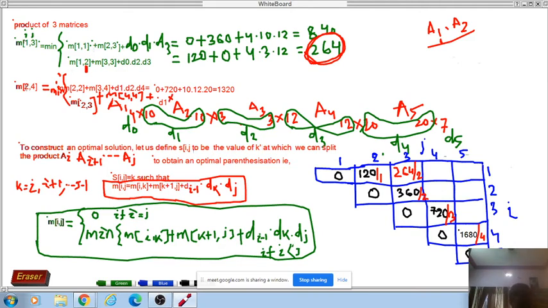It will be D1, and only this middle will change: D3 to D4. You have to remember the tricks. So if you find out, the value will be 2760. Which is minimum, 1320 or 2760? 1320 will be the minimum value of these two.